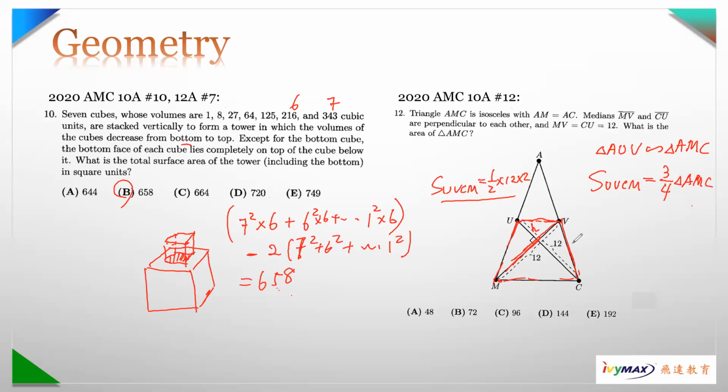So there's also a very standard strategy that if you don't know the length of some segment, you can just define it as a variable and then convert the geometric information into equations. Okay, you try to establish equations based on the variables you define.